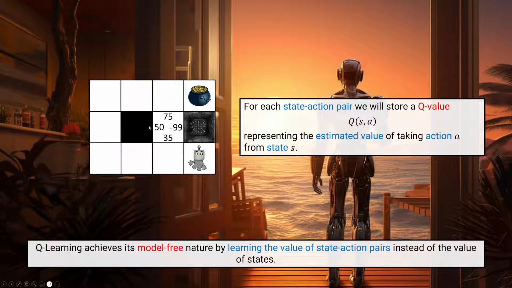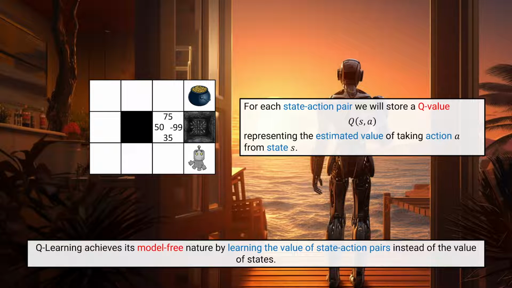And for that same reason, the utility of running into this wall would be less, but it's not as low as moving backwards. Moving away from the gold is probably worse than just bumping into this wall and staying where you are for a time. So again, I just made up some utilities here, or they're not utilities, we call them Q values. Q stands for quality, or that's where Christopher Watkins got the Q from.